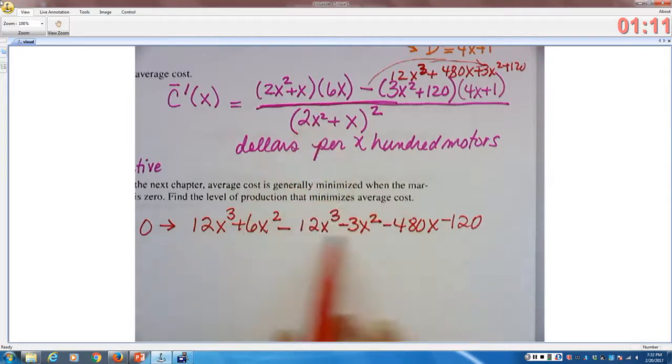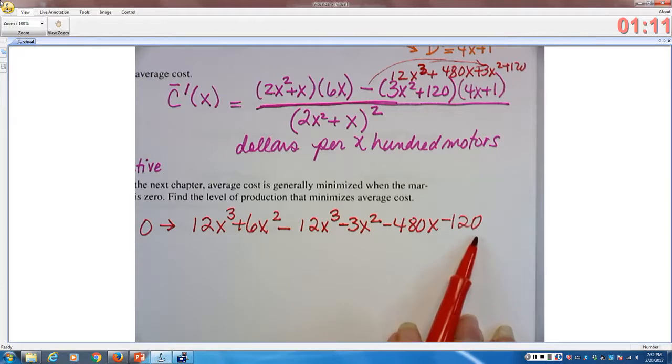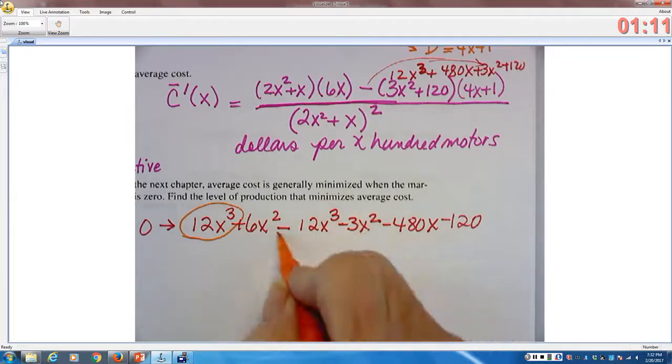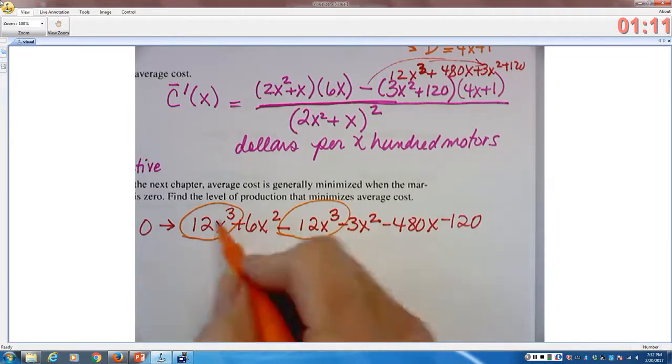Since I can combine some like terms, I'm going to combine the ones that I can. I see that I've got 12x cubed and minus 12x cubed, which will cause those to drop out.